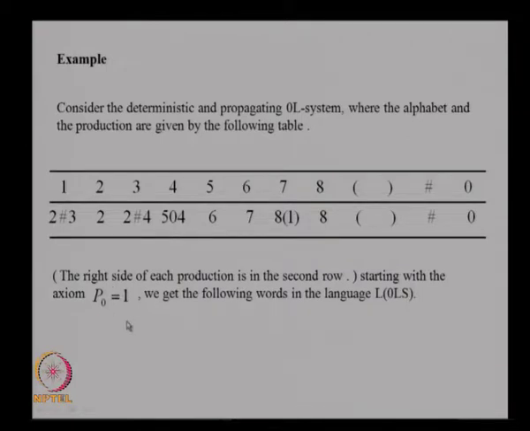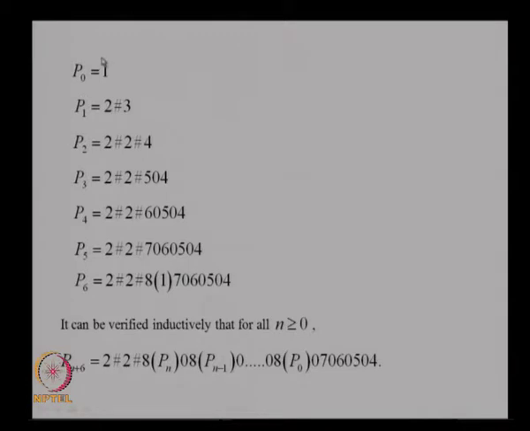If you use this, then you find that at the first step you have 1, then the next step 1 goes to 2 hash 3, then the next step you get 2 hash 4, and so on. In the sixth step you get this. Now, in the n plus sixth step, for all n greater than or equal to 0, the string will be of this form, Pn, Pn minus 1, etc., and in between you have these symbols.